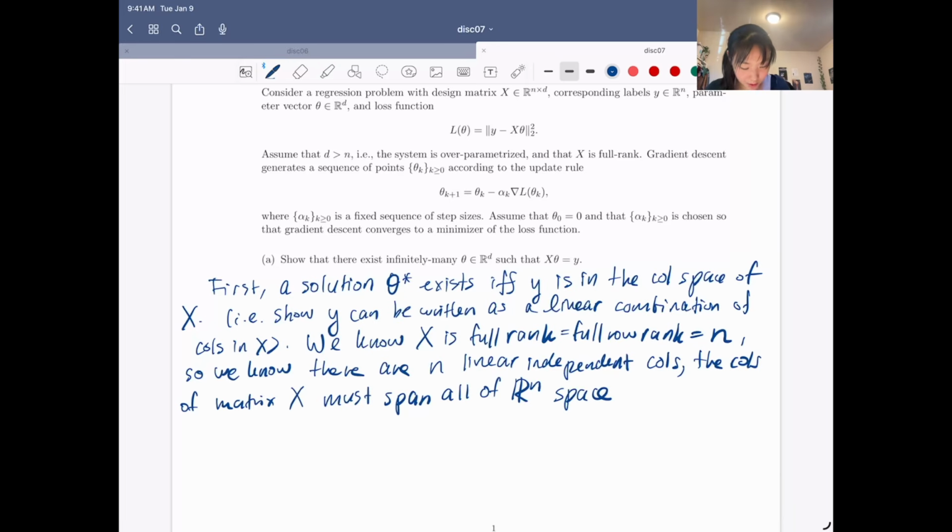Because there are n linearly independent columns, they can basically take on every dimension of Rn. So they must span all of Rn space. The column space must span all of Rn space, which means the solution theta star definitely exists.